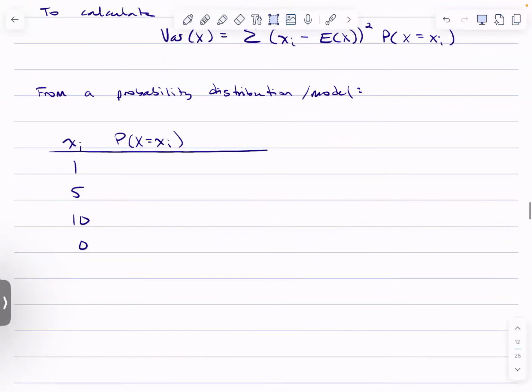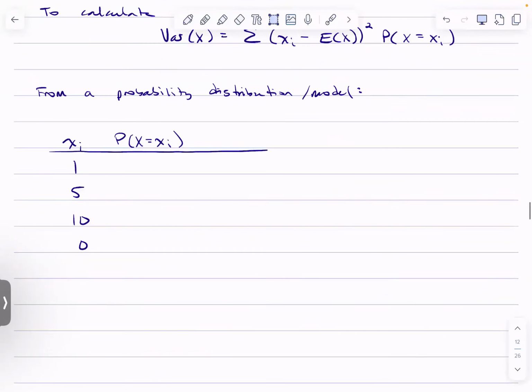But we know that this is the expected value of x. Let's use a rounded value. In this case, the expected value of x, let's use 0.81, because it's money, so it makes more sense to keep it at 2 decimal places.